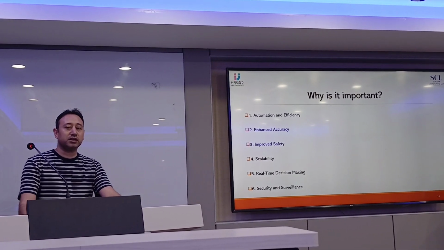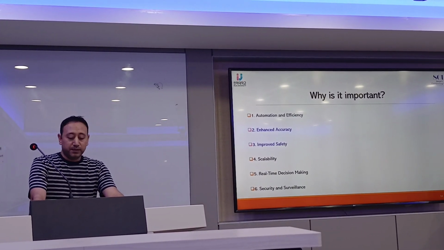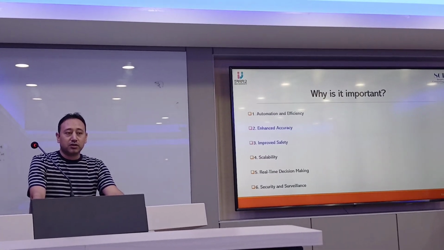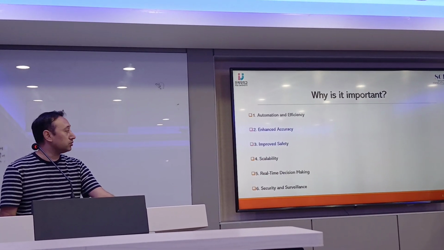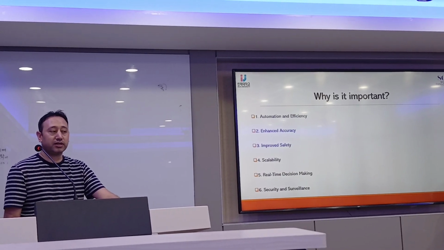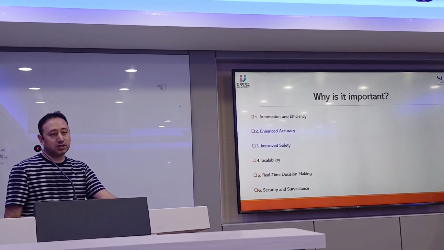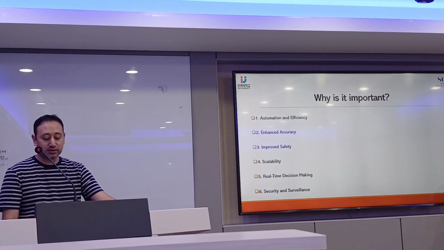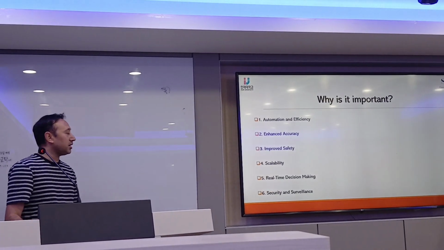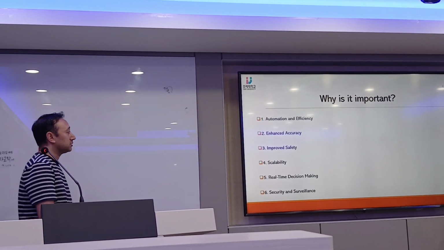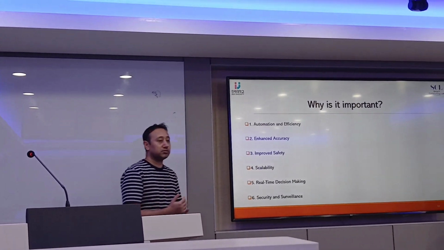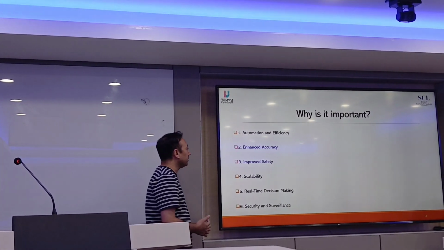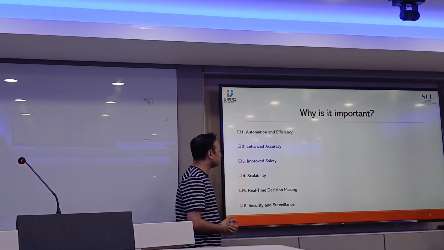Because of human error, the accuracy may be low. For example, if we ask a person to identify defects in products, sometimes he feels sleepy, sometimes lazy, so his concentration may be lost. In that case, the accuracy will be low. But if you automate this with computer vision algorithms, then the accuracy will be high.